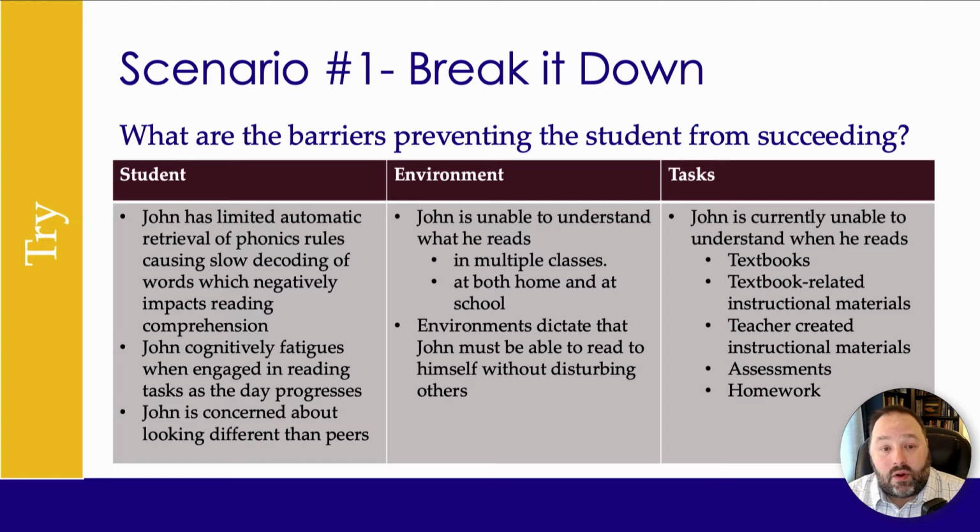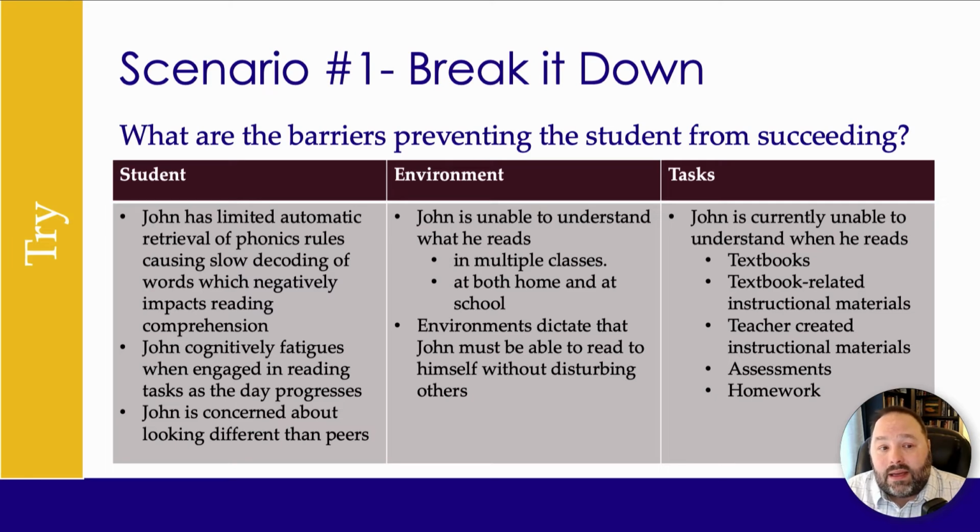We also know from gathering information that John cognitively fatigues when engaged in reading tasks as the day progresses. So he's better at reading in the morning than he is in the afternoon, because as he's approaching those reading tasks, cognitively, he's just not able to attend to that task. We also know from interviewing the student that he is very concerned about looking different than his peers.